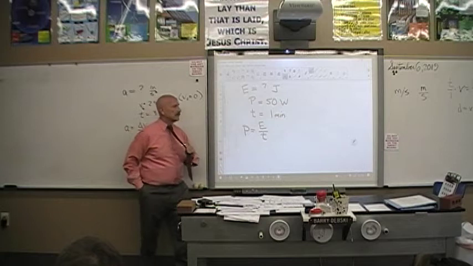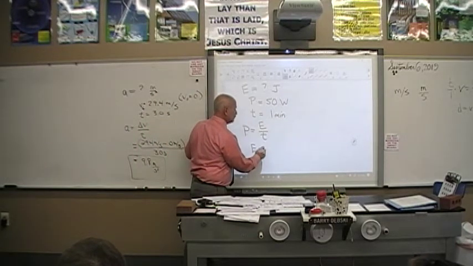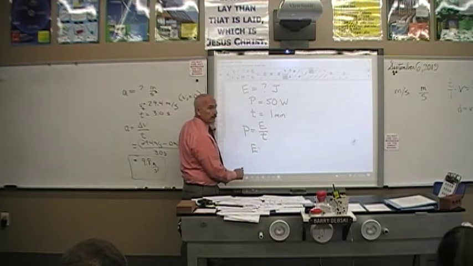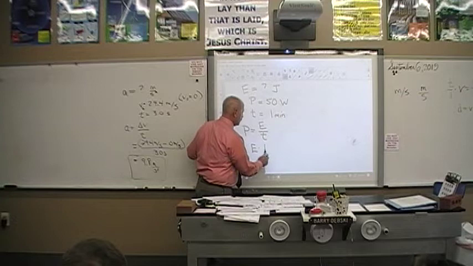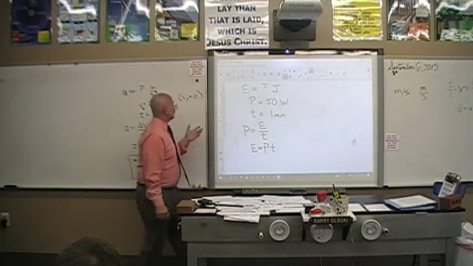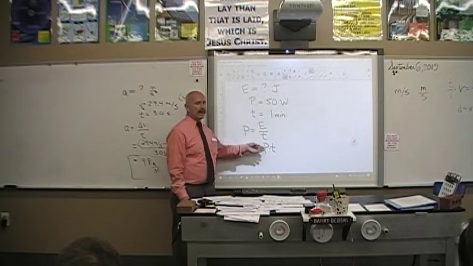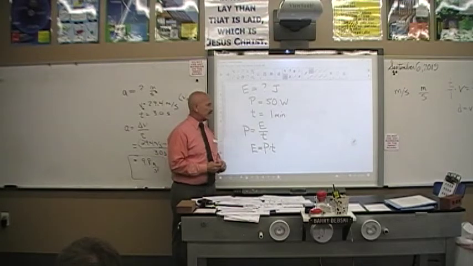Kennedy? And you get E equals PT. Very similar to this one over here. We just multiply both sides by the denominator, and we get E equals P times T.